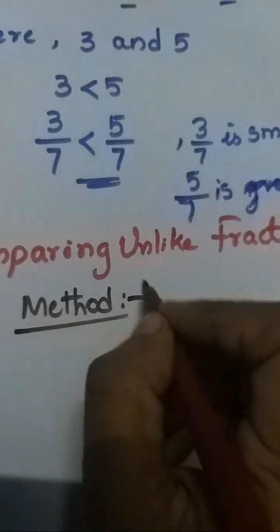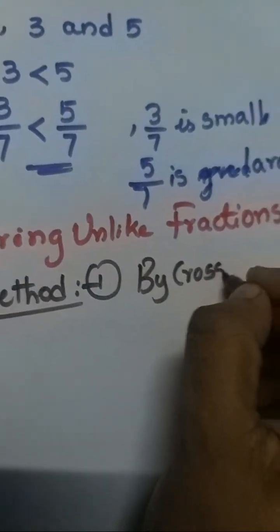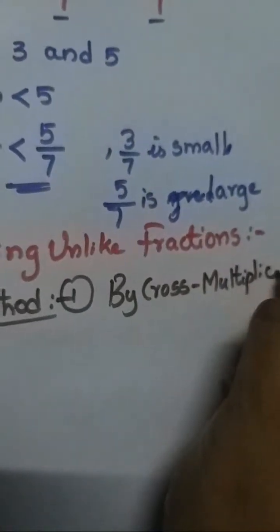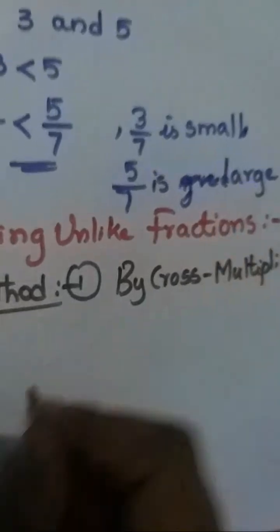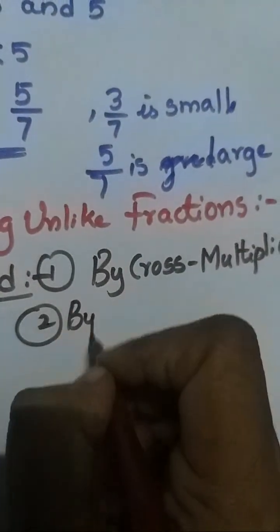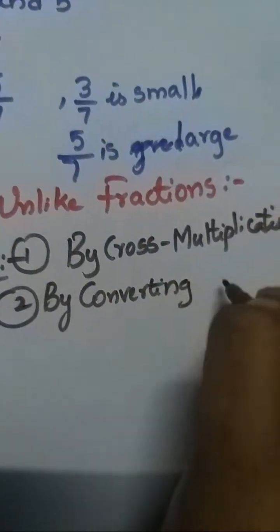The first method is by cross multiplication. We can do it by the cross multiplication method, and the second one is by converting unlike to like fractions.